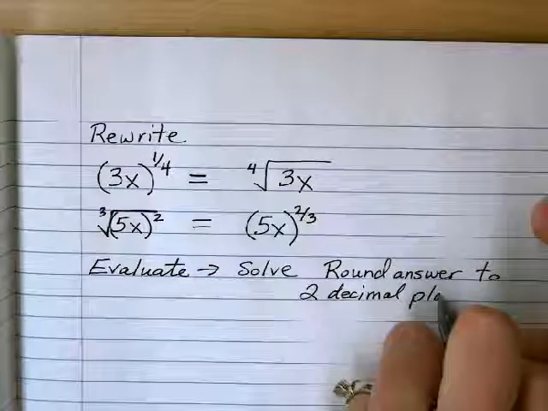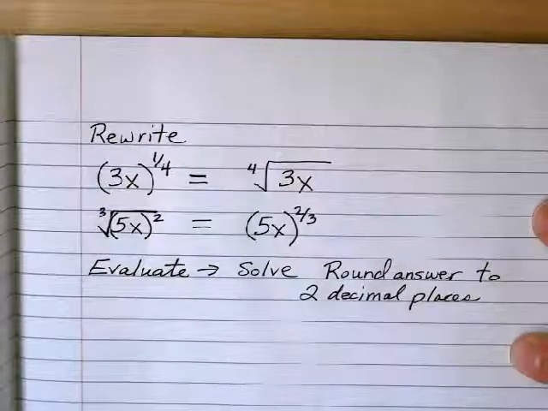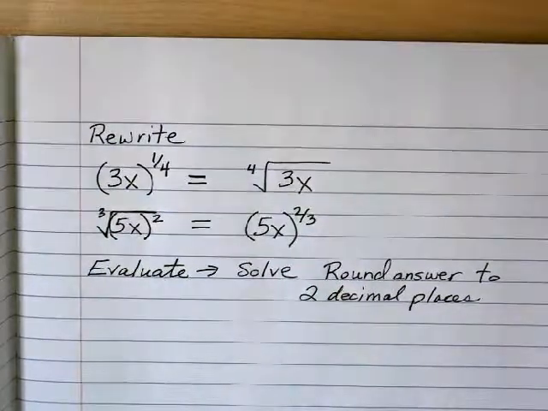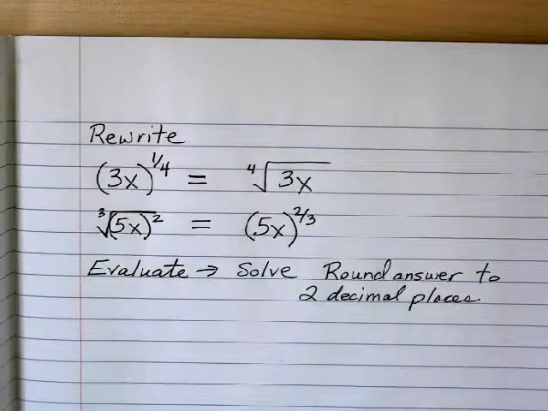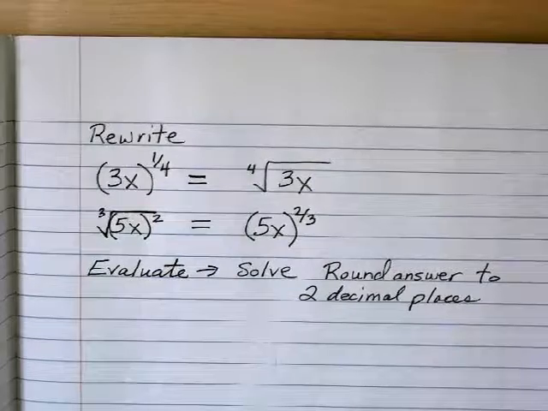That means if you have to, if it's not a whole number. If the answer's 5, you don't have decimals, obviously.